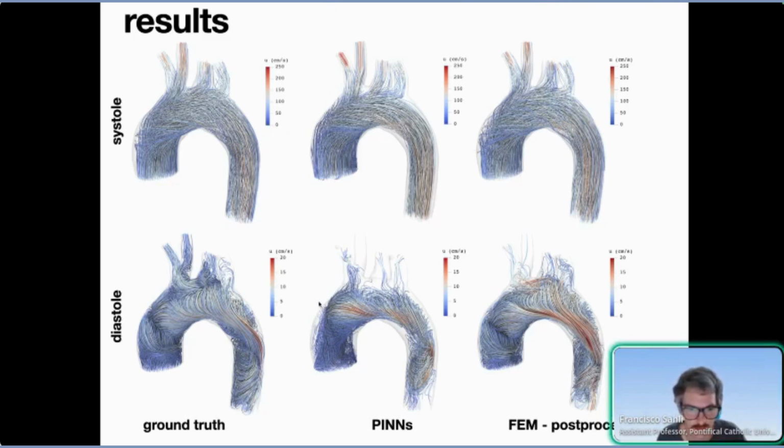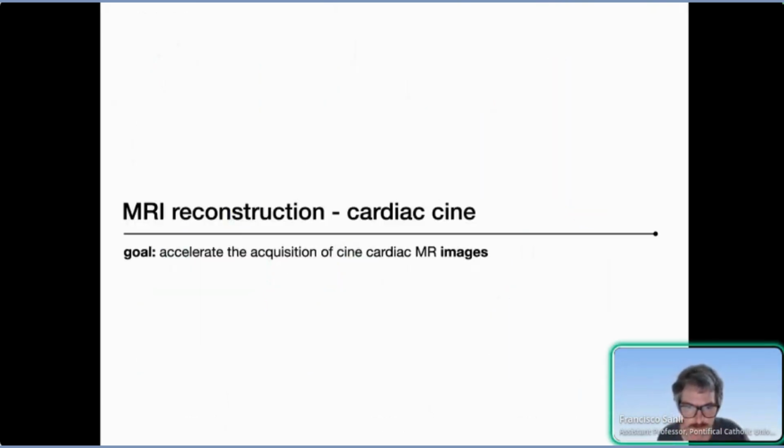Now if we take a look at the end diastole, the flow is actually quite complex, but the velocities are much lower, about 1/10 of these ones. We can recover some structures here, not so much with the PINNs, but with the post-processing we can recover the main characteristics of the solution.